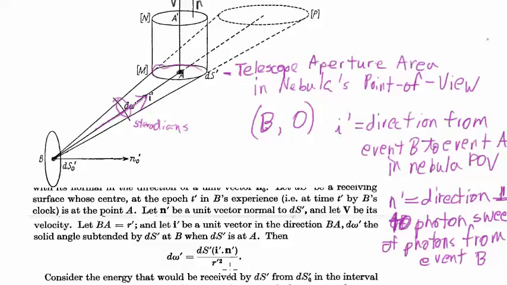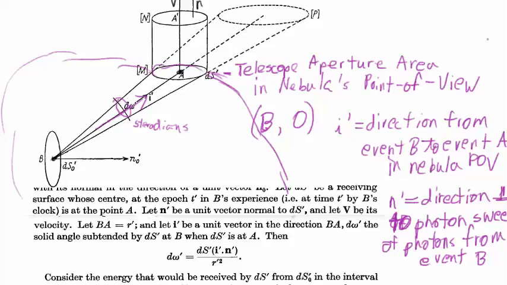So r prime squared would essentially be a surface area that extends all the way around that event at that distance.